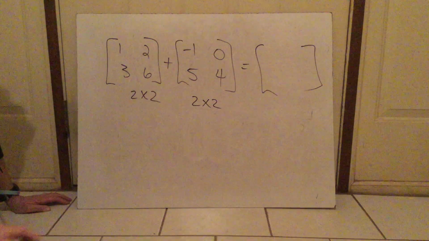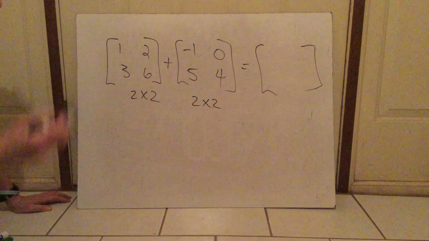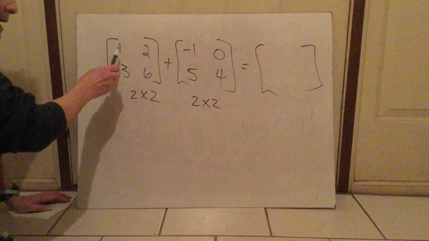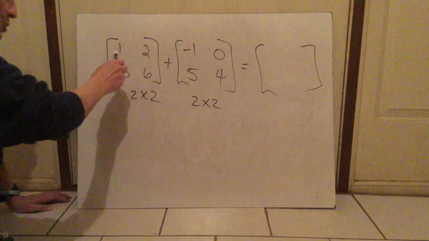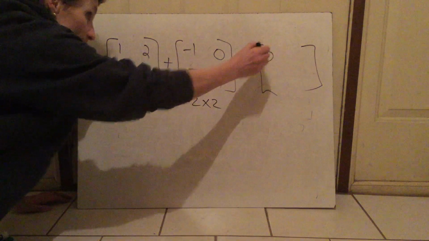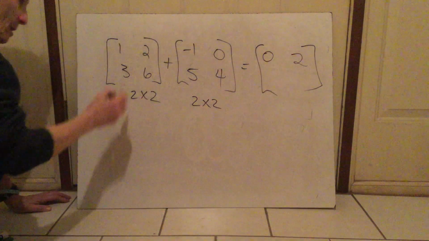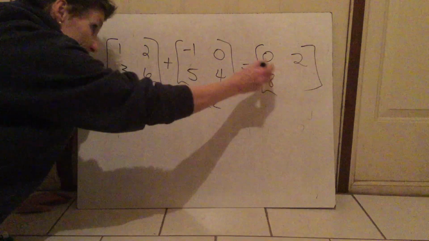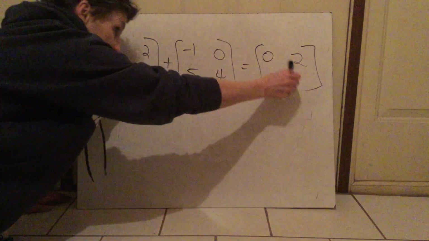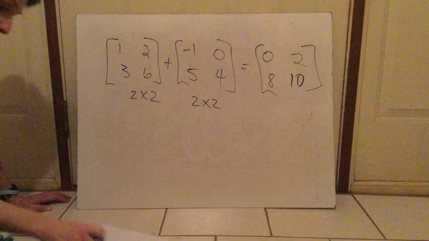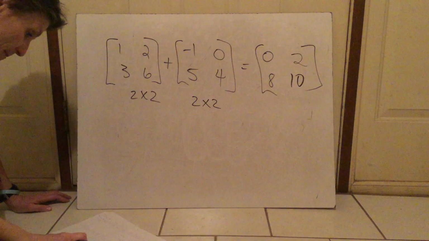Since they match, we can add. So what will the sum be? Well, remember, you add corresponding positions. So 1 and negative 1 would make 0. 2 and 0 makes 2. 3 and 5 makes 8. And 6 and 4 makes 10. There's the sum of those two matrices.